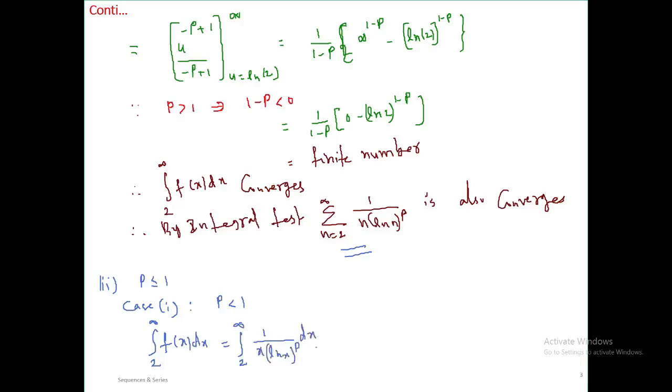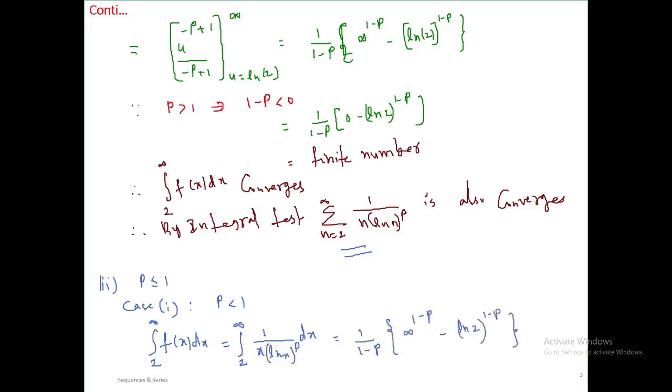And after simplification, I am directly writing the answer: 1 upon 1 minus p, look at the top of this page, the final evaluation will be infinity power 1 minus p minus ln 2 power 1 minus p.